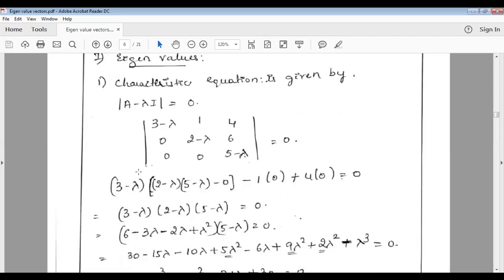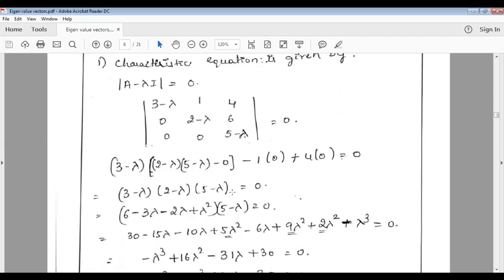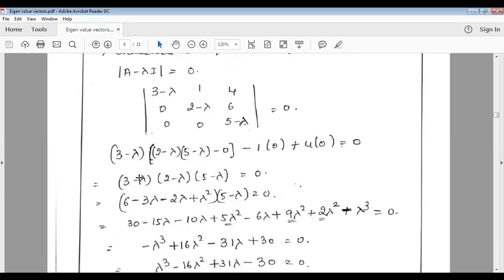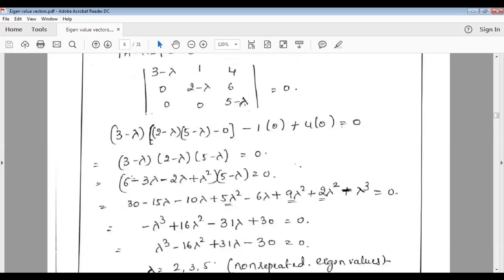So the only thing that needs to be calculated is the first term. The second and the third term are 0. So 3 minus lambda into 2 minus lambda into 5 minus lambda, and obviously that is an equation in the power of 3. But since I want the value of lambda, I'm only going to multiply 2 of the factors and leave the third factor as it is. So I multiply the 2 factors and get a quadratic equation.